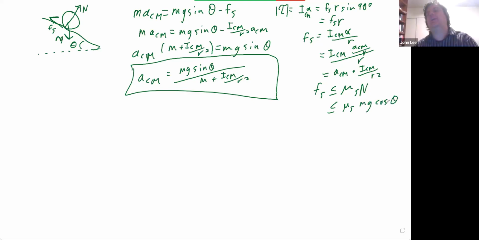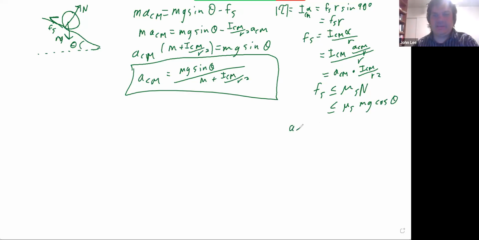I'm not deriving these forms for mg sine theta, mg cosine theta anymore because we've done this a dozen times. But Fs is less than or equal to mu s mg cosine theta.